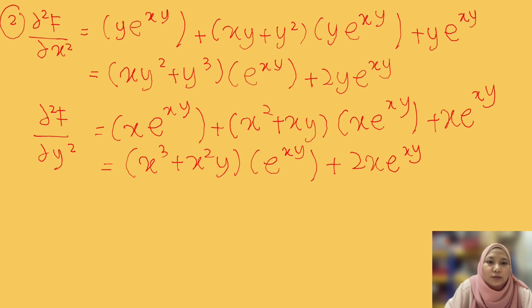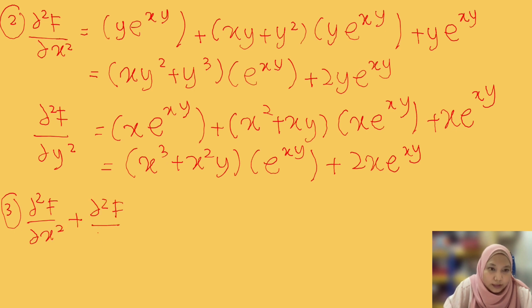So be careful when you simplify. Sometimes you can factor out, like this one, where we factor out the exponent xy. After that we will combine. Third step: remember just now we wanted d squared f over dx squared plus d squared f over dy squared.